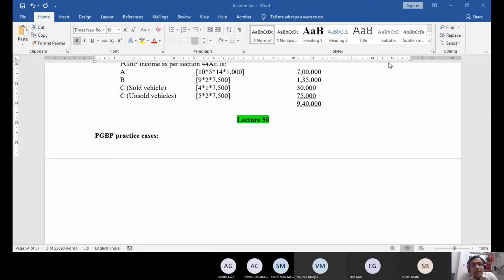These four categories of valid expenses covered under section 30 to 35 DDA, 36, 37 subsection 1 and 37 2b, have to pass the test of which sections? Disallowed sections.